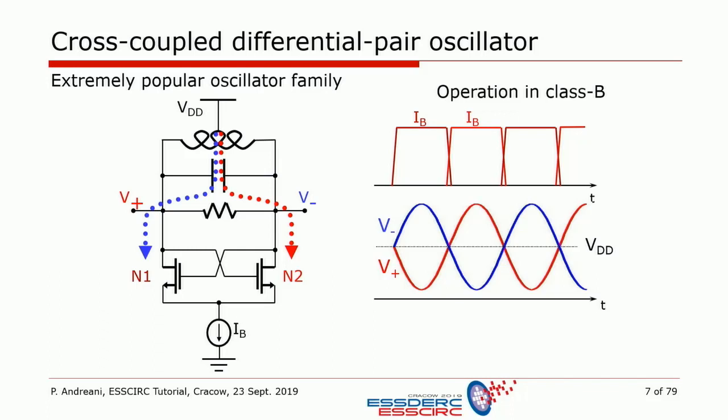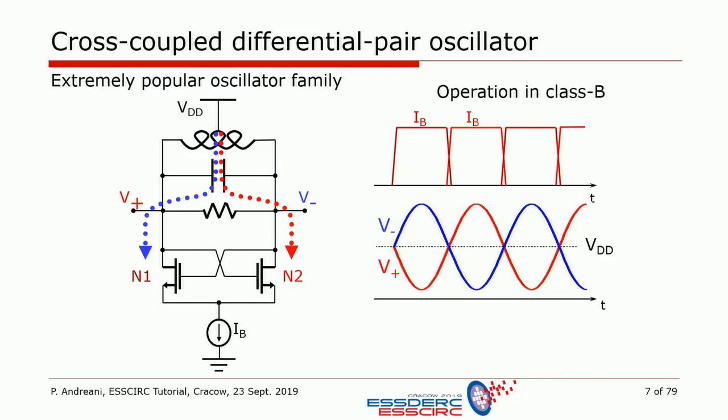You can also see that there is a so-called center tap in the middle of the inductor, so for half of the time the current flows all the way on the right side, and for half of the time on the left side. So the current waveform is a square waveform.